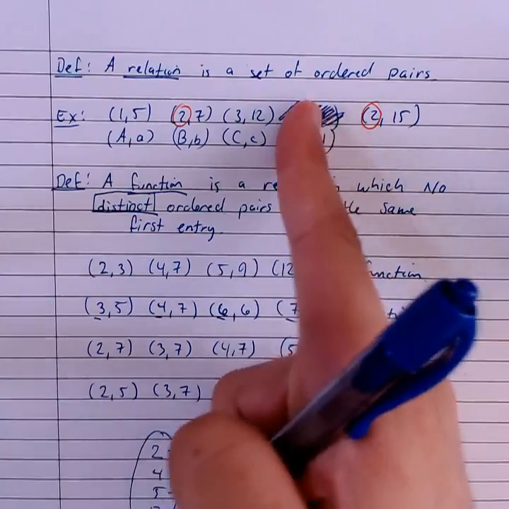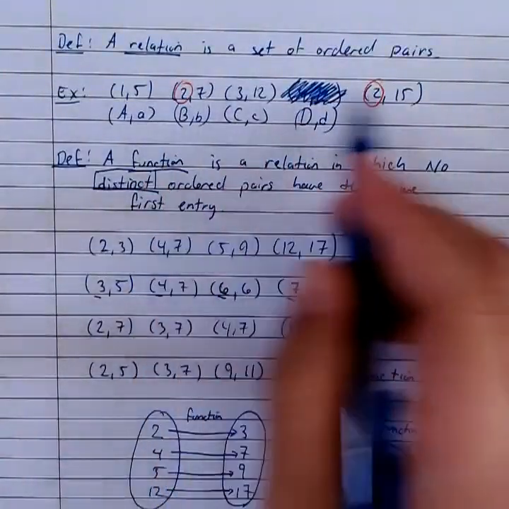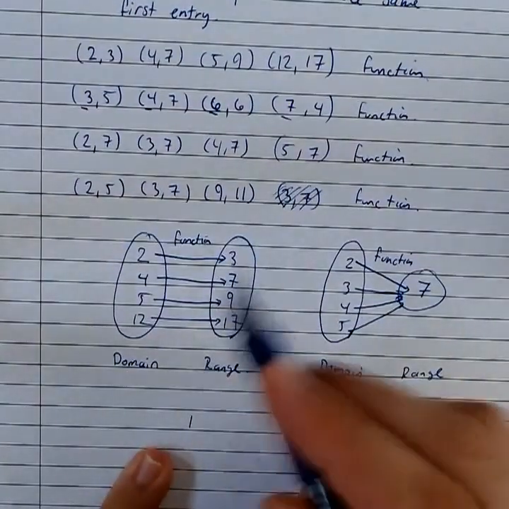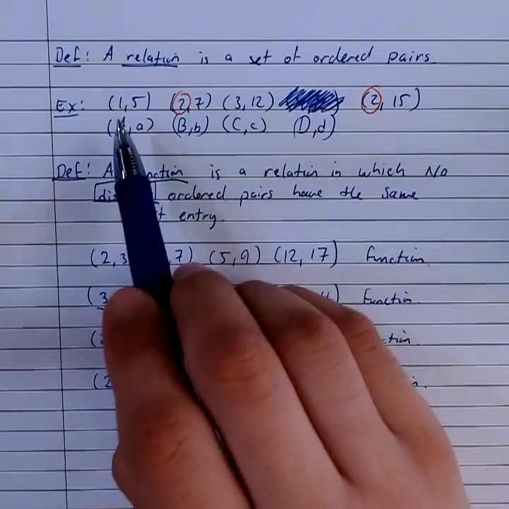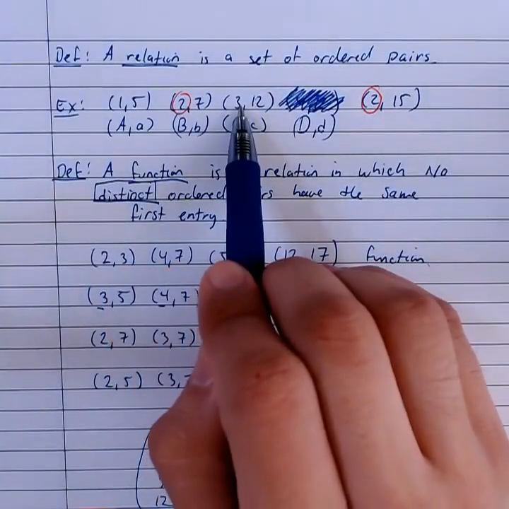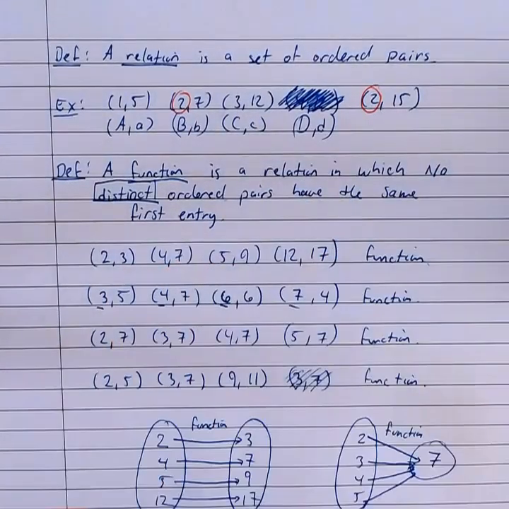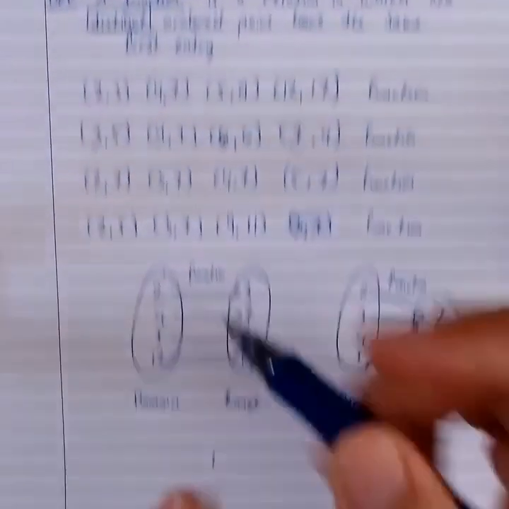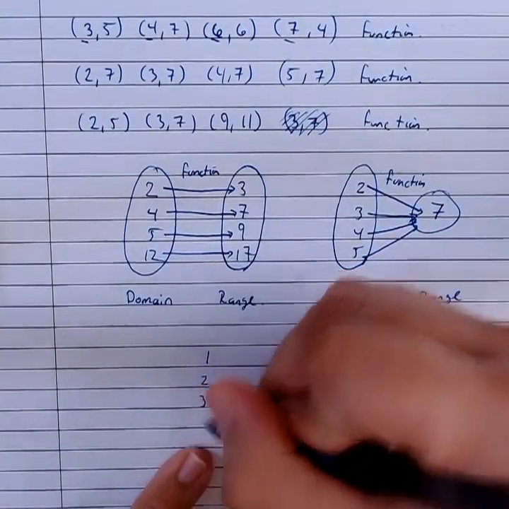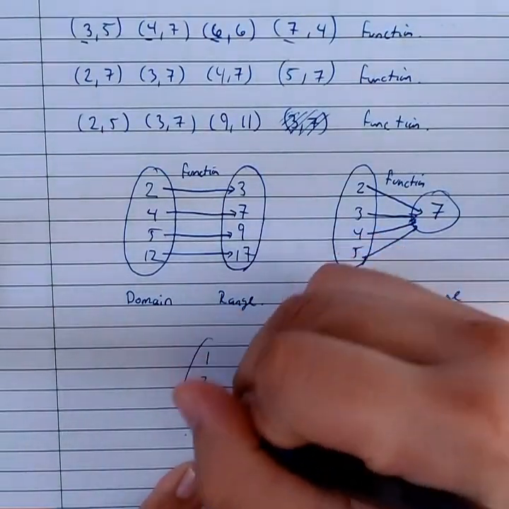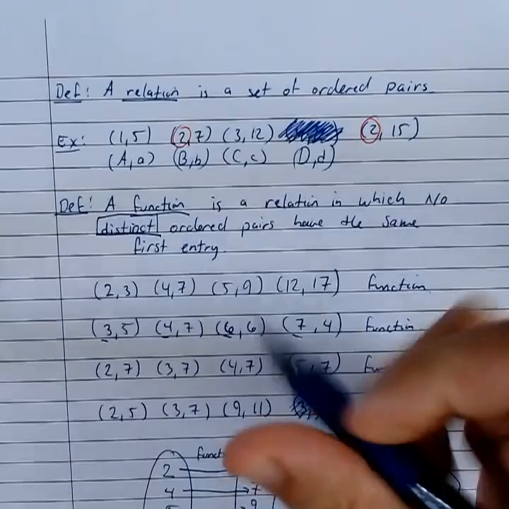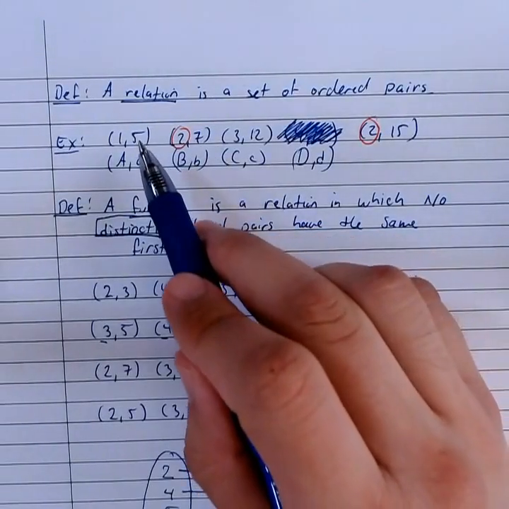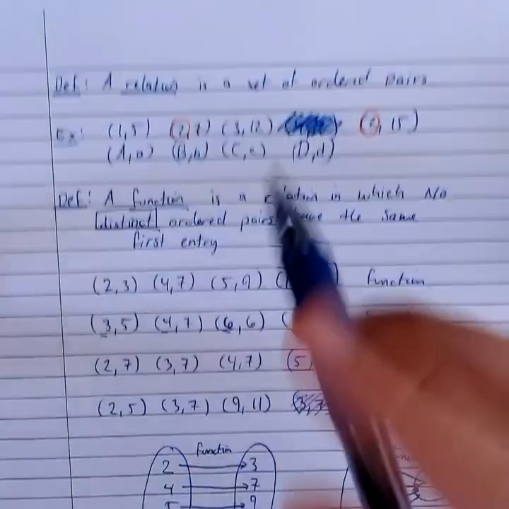So here, I'm going to just ignore one of them. I just don't want to have too many points. I want to have them all be pretty much the same size. So my first entries are 1, 2, and 3. That 2, I'm not going to write it again. It's already been written over here. So 1, 2, and 3. And over here, if I take all my second entries, I have 5, 7, 12, and 15.